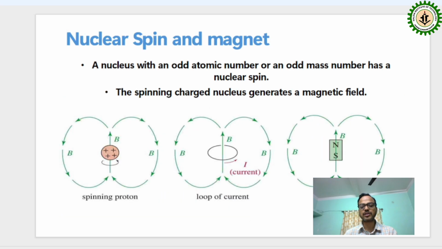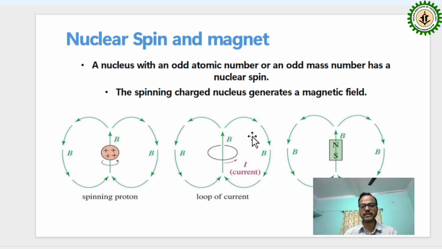Now talking about nuclear spin, I can give you a short idea about how nuclear spin is acting and behaving like a bar magnet. The nucleus with an odd atomic number, let's talk about this one. The nucleus has a charge rotating in this direction and producing a magnetic field in this direction, like the arrows are going.